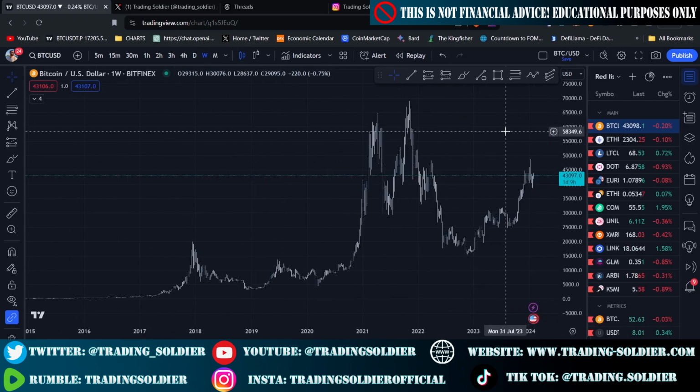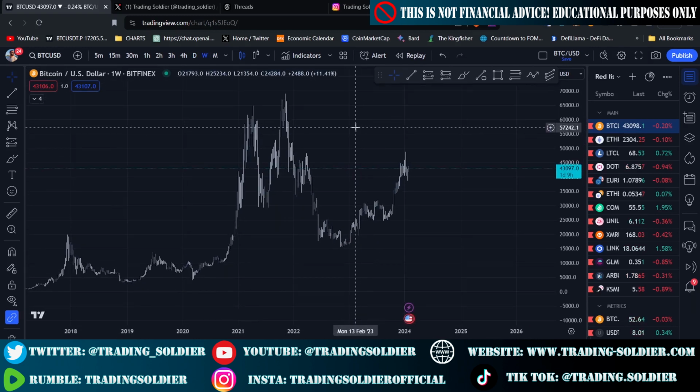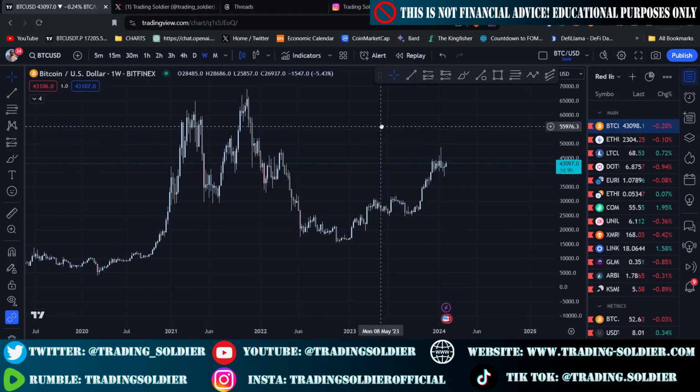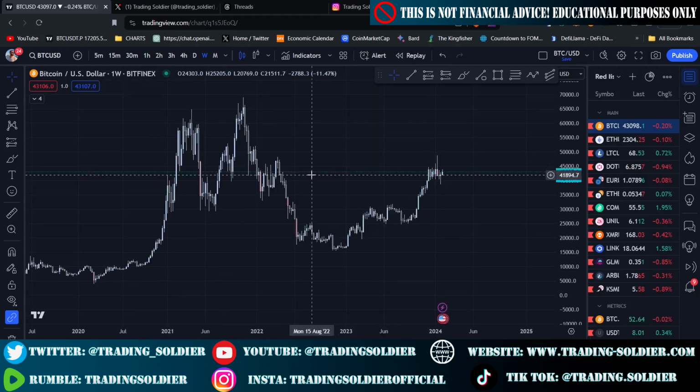A support level identified in the weekly time frame has higher priority and higher quality than one identified in the daily time frame. The higher the time frame, the higher the importance of the level, and the lower the time frame, the lower the probability of the level being respected by price or by the market.